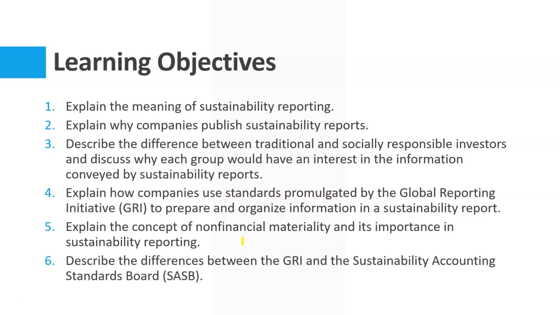First, the students should be able to explain the meaning of sustainability reporting, explain why companies publish sustainability reports, describe the difference between traditional and social responsibility investors, and discuss why each group would have interest in information conveyed by sustainability reports, explain how companies use the standards promulgated by GRI to prepare and organize information in a sustainability report, explain the concept of non-financial materiality and its importance in sustainability reports, and describe the difference between GRI and the Sustainability Accounting Standards Board, which is SASB.